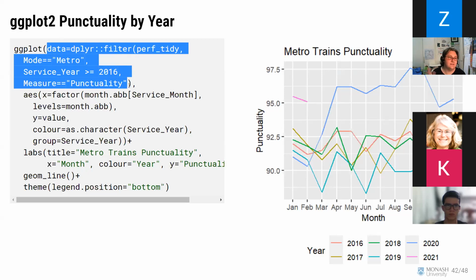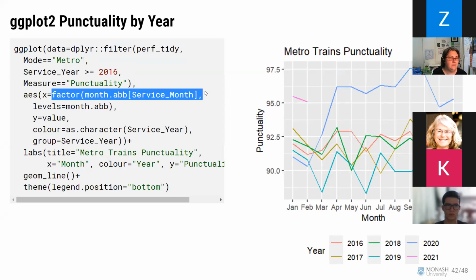It's a bit messy because there's so much filtering in there. But if you get your data set to exactly the data set you want to plot and put that in a particular variable name, you can easily just put that variable in there, and that will make it a bit clearer to read. So same as the other one, we've got the factor and the levels for the service month, just so that it displays well.